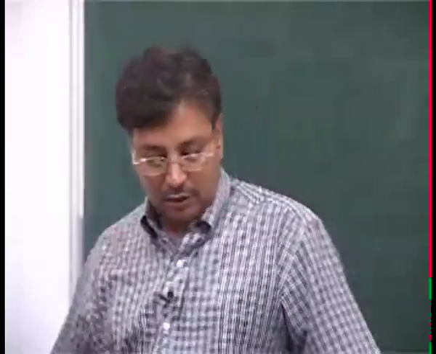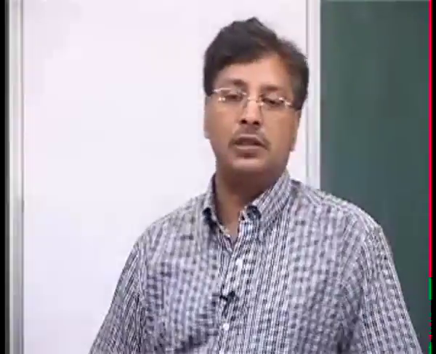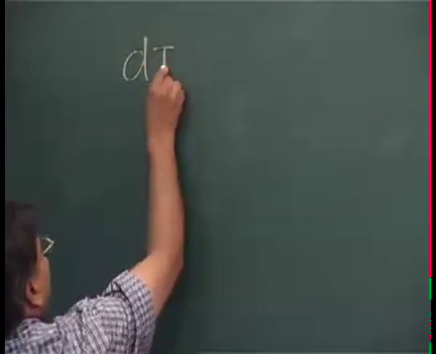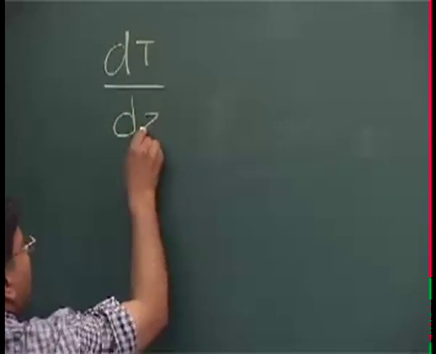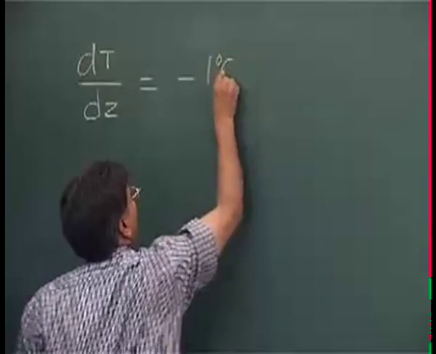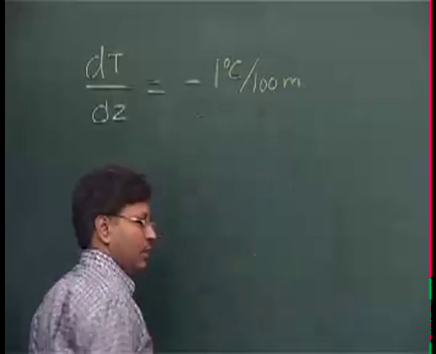We will begin from the point which we left yesterday. What we did yesterday was to arrive at the temperature profile under the conditions of the dry adiabatic lapse rate, and then the important relation that we came up with.